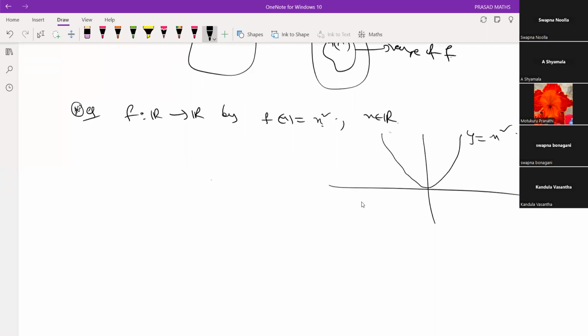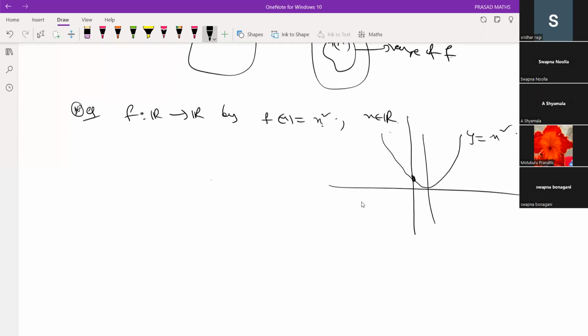A simple technique is to draw a line parallel to the y-axis. If it meets exactly one point, it's a function because every element has a unique image. So clearly it's a function, no doubt. Any line parallel to the y-axis, if it meets at most one point, then one can say that this relation is a function.